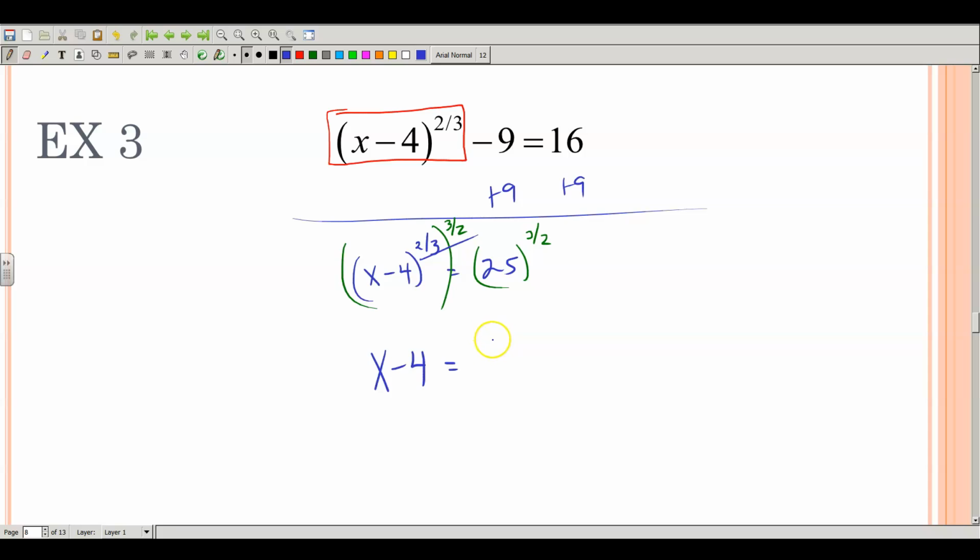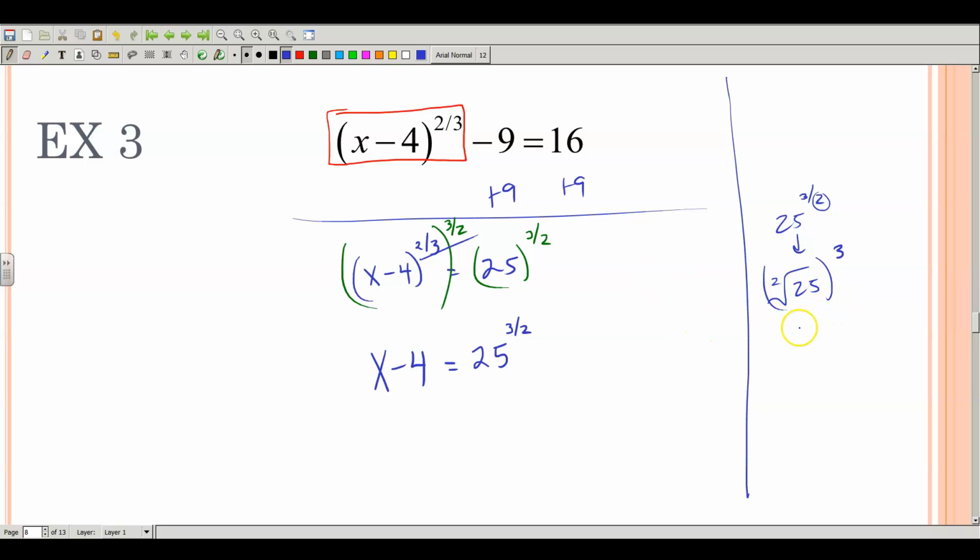equals, and now we have 25 to the 3/2. And you should know what 25 to the 3/2 is without using a calculator, because we know how rational exponents work. 25 to the 3/2 is the same as taking the square root of 25, because that number's on the bottom, right? And then cubing that. 25 to the 3/2 is the exact same as root 25 all cubed.